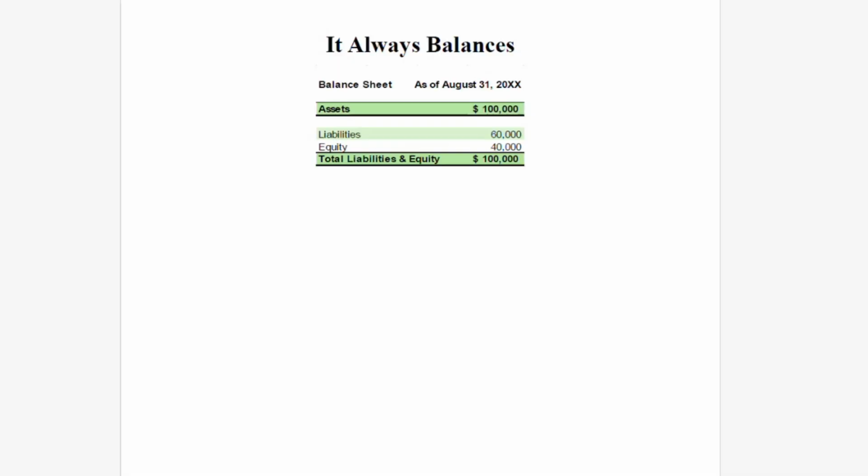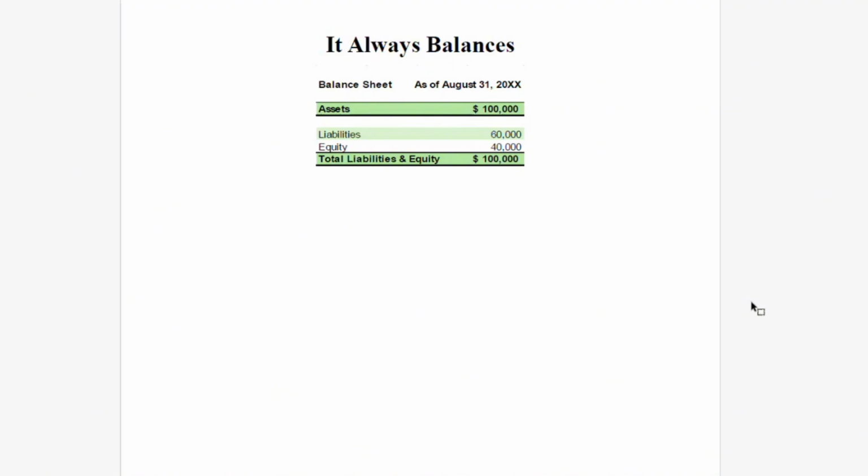So to start off, we started with something as simple as an algebraic equation: assets equals liabilities plus equity, right? And from there, if you recall, we expanded the balance sheet to be bigger and bigger.